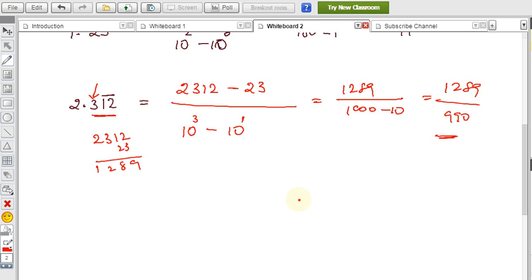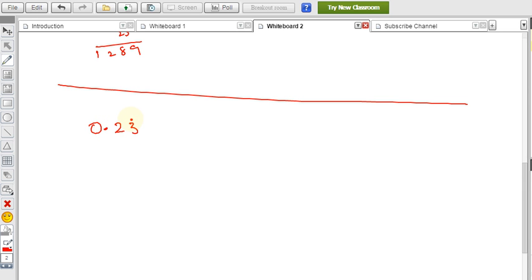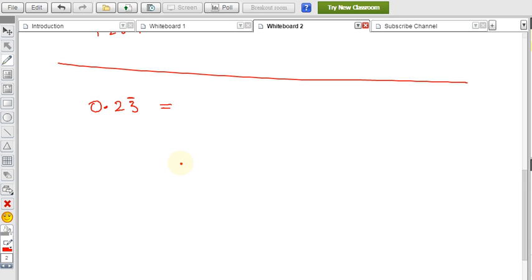For more clarity I'll give one more example. The formula I'll write here now. I'm taking 0.23 with the bar on 3. The first step: the total number as it is, that is 23, without the point or the bar.